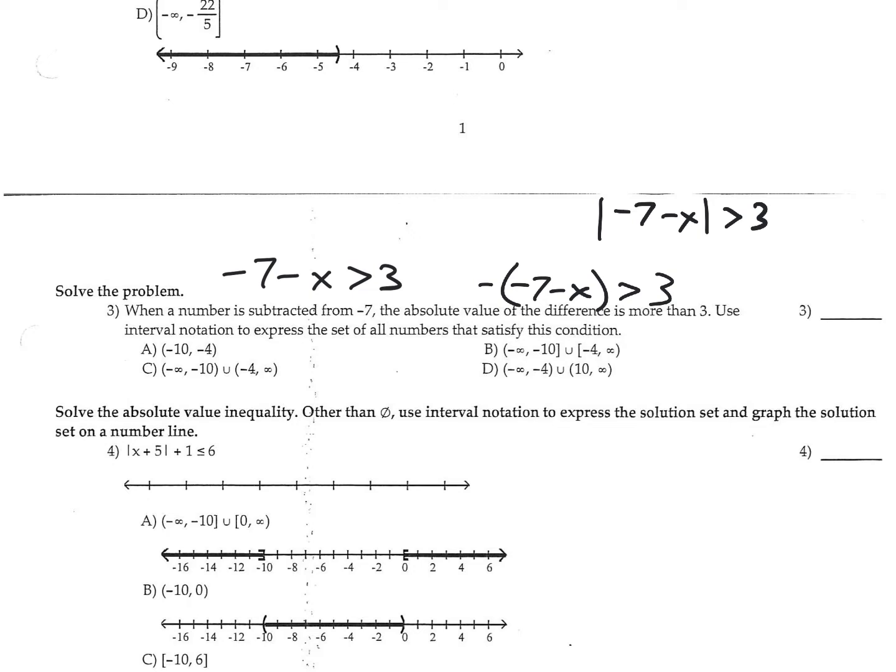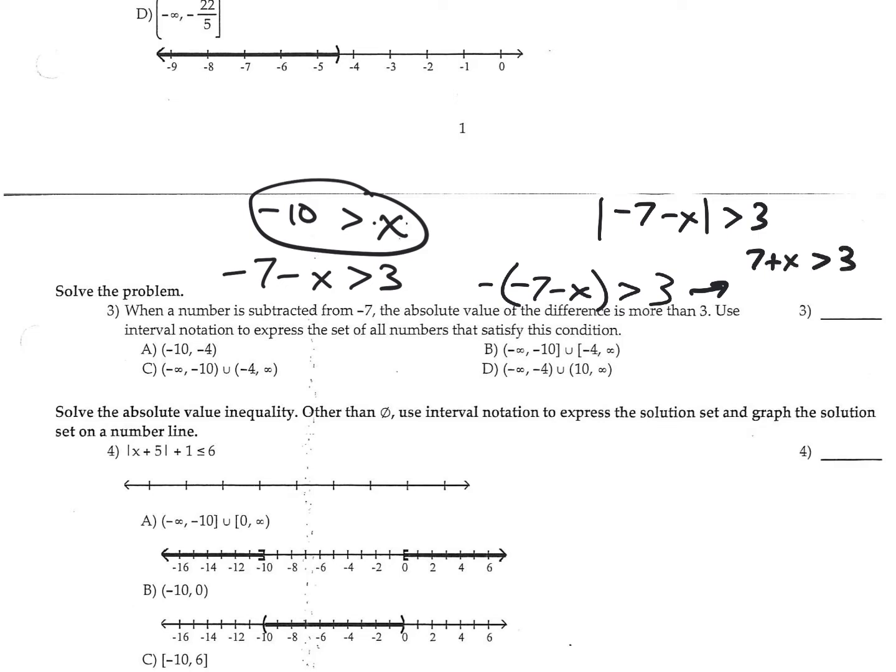So if I were to solve this first inequality on the left here, I would add x to both sides and subtract 3. So I would have x is less than -10. There's one part of my inequality. And my other inequality, I can multiply everything by -1. You know what? Let's do it this way. Let's distribute that negative in. So I'll have 7 plus x is greater than 3.